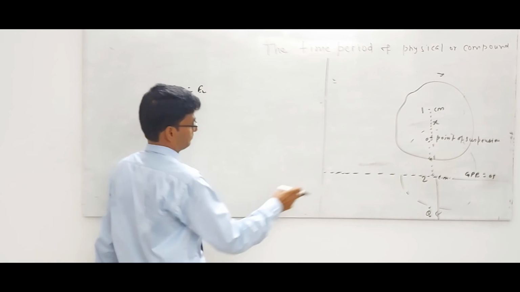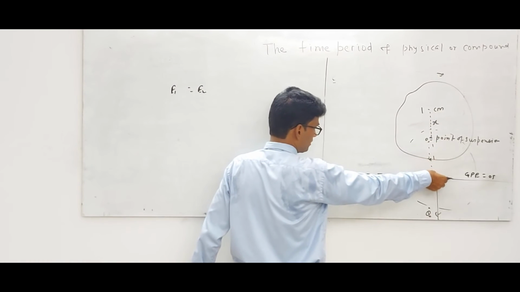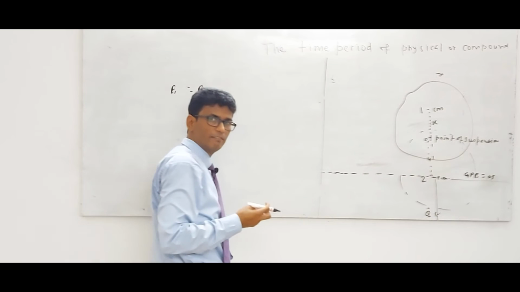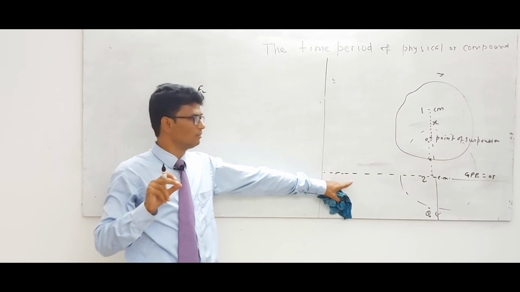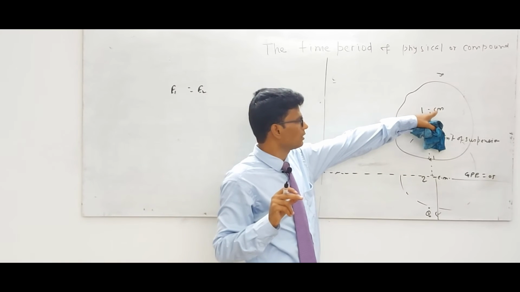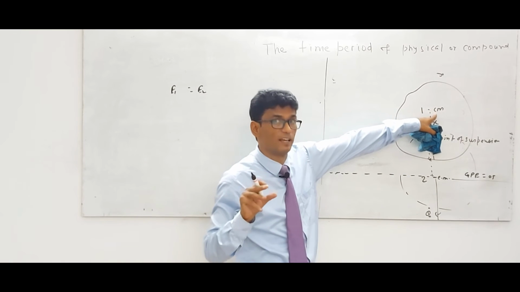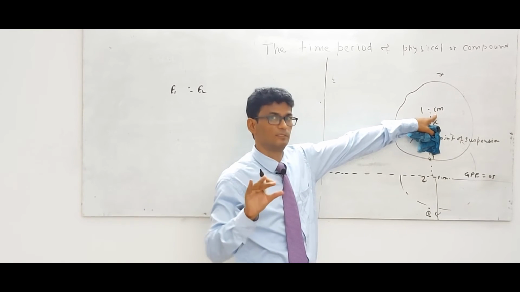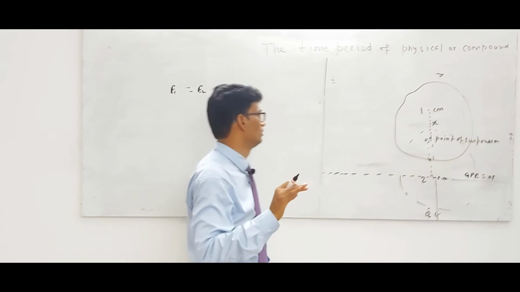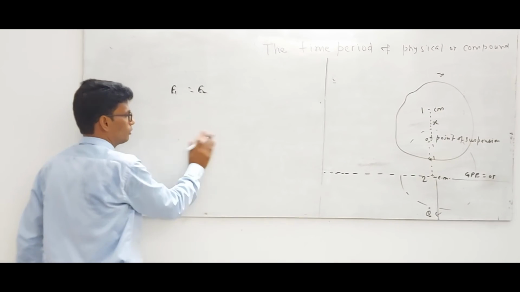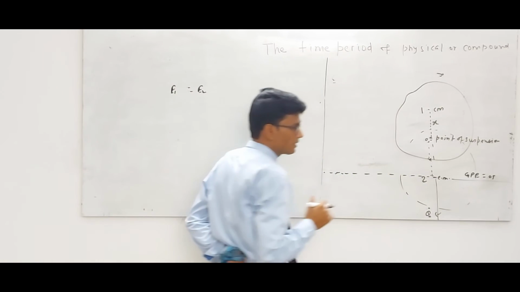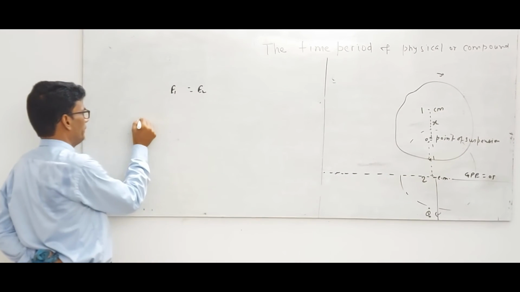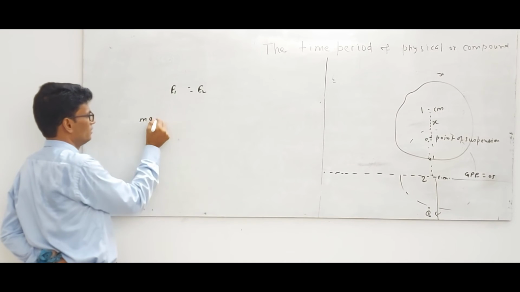Look here. At position 1, above this level, where gravitational potential is taken as 0, the value gives you difference values. However we write the value, we mean the difference value. So E1 is equal to E2. Here is x, here is x, so 2x: m g 2x.